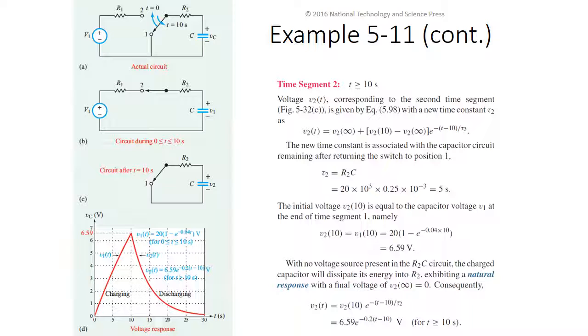And then we got our tau constant, tau 2. And we're going to do tau 2 equals R2C. We can plug and solve that to get our tau constant. Our tau constant is 5 seconds. So that is then going to be able to plug back in to solve for our peak voltage, 6.59 volts, which is right there on the peak.